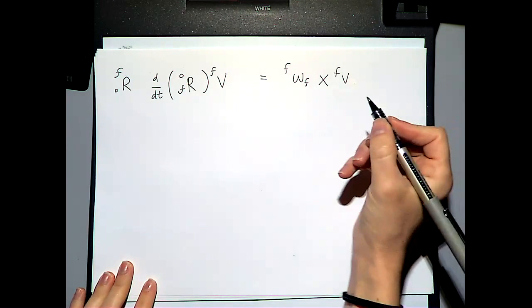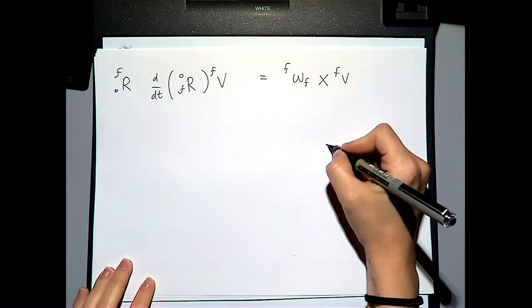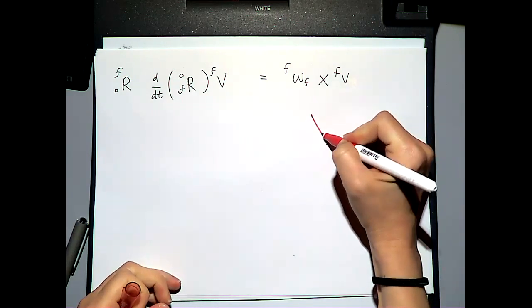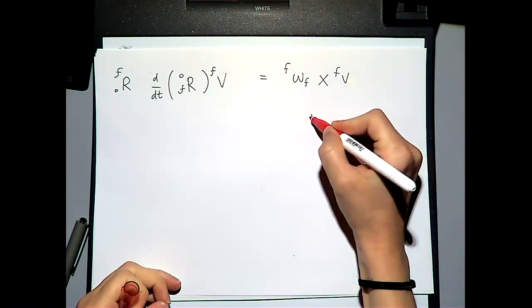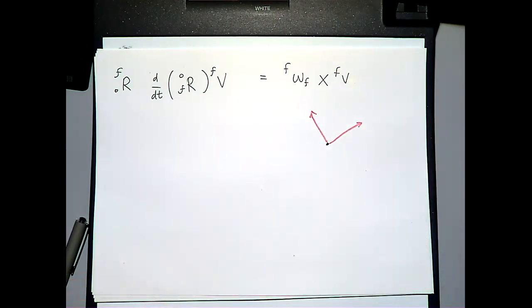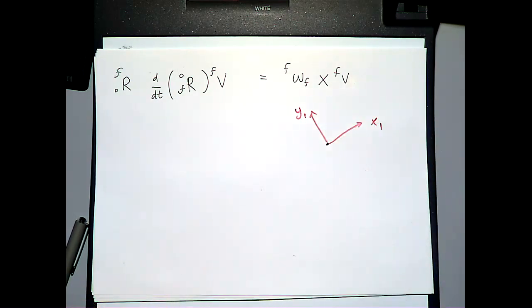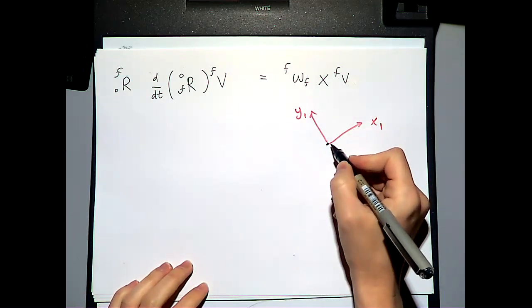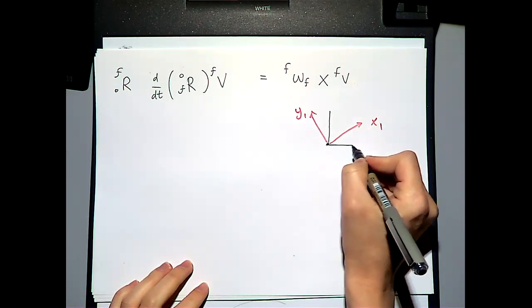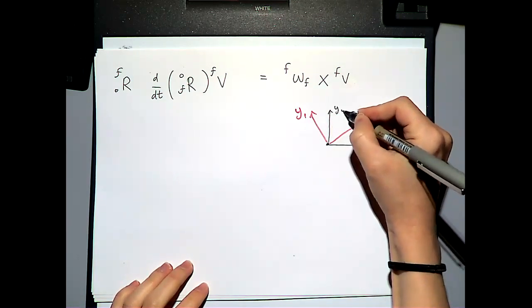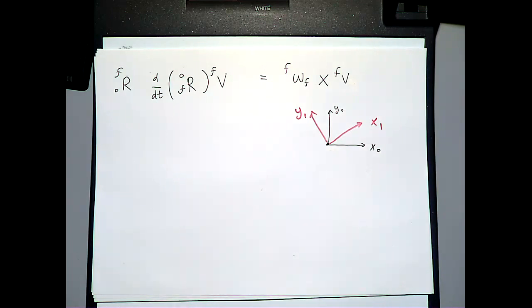What do we have? Let me draw the axis of frame 1. So that's x1 and y1. And the axis of frame 0. I'm putting them now with the same origin, just for visual assistance.